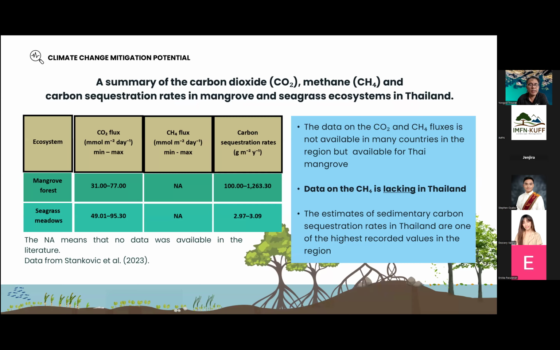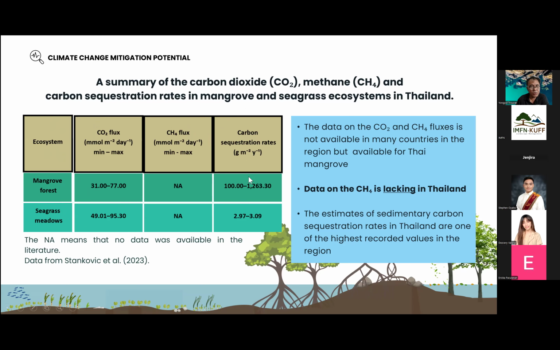Besides this project, researchers in Thailand also summarized the literature about the contribution of the rehabilitated mangrove forest and seagrasses. So how much can these two vegetation types contribute to carbon flux, methane storage, and carbon sequestration?